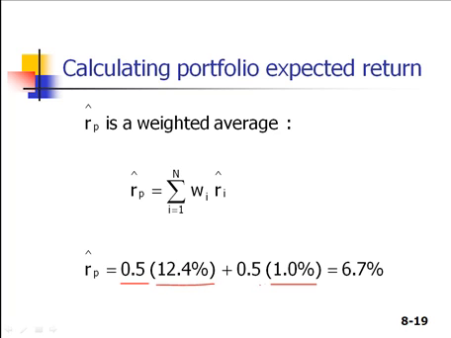And then over here we've got 1%, the expected return on the collection stock, times 0.5, which makes 0.5%. So we add the 6.2% to the 0.5% we just calculated, and we get 6.7%, and that's the expected rate of return on this portfolio.